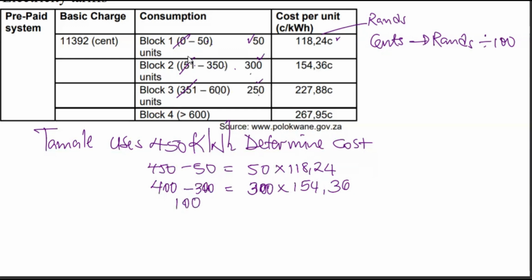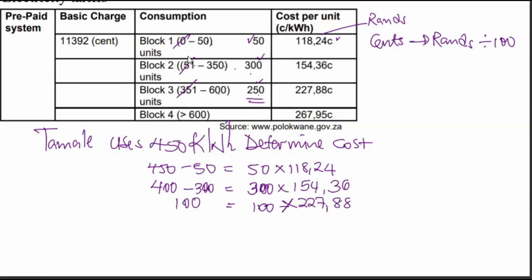100 has been pushed to block number 3, but block number 3 needs a maximum of 250. So the 100 has put us here, whereby we shall multiply by 227,88.